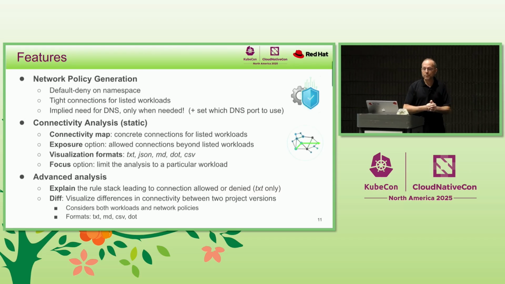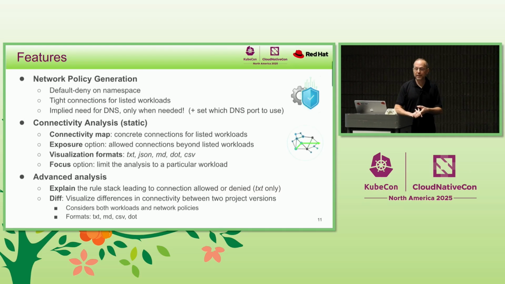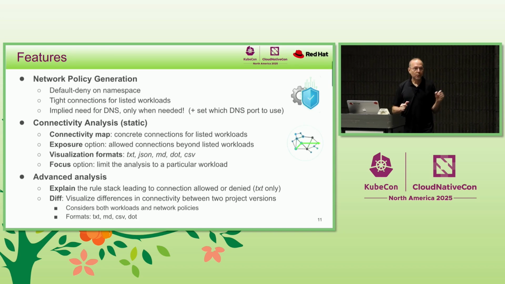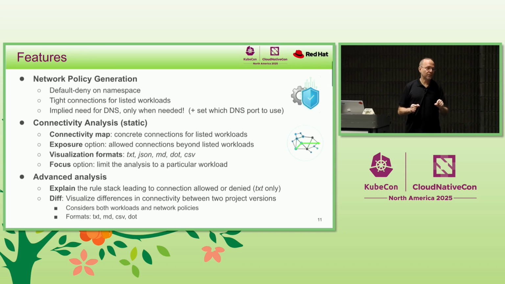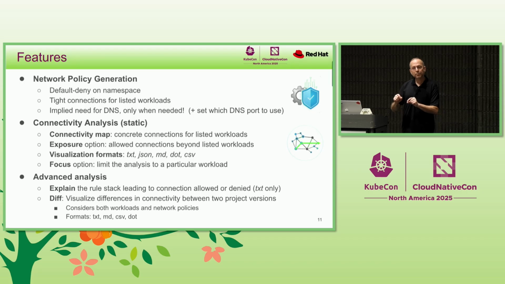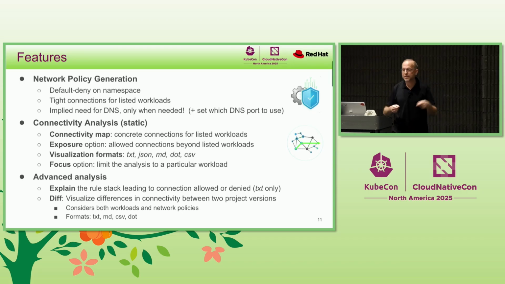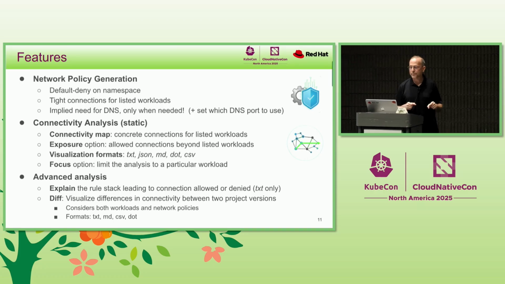The features that are supported are, on policy generation, we will generate default deny on the entire namespace, and tight connections for only those connections that we identified as needed. We included support for DNS. If we see a deployment that requires external access, we will automatically enable DNS, and you can control which DNS port.